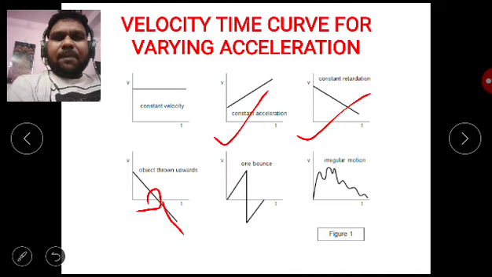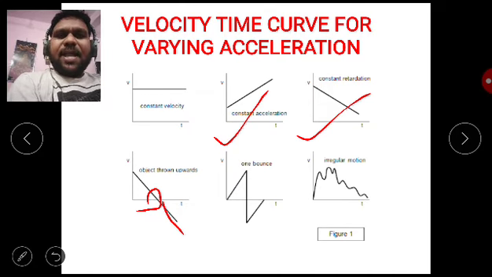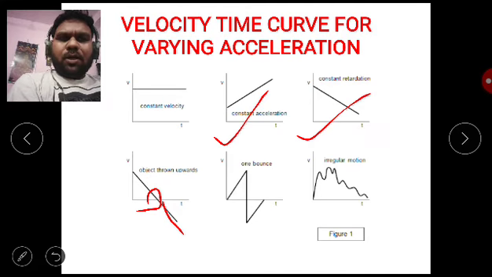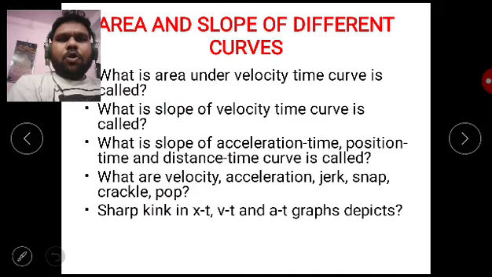So that means there is a change in direction, and we can see velocity is becoming negative. And this is the one bounce case, when a ball is thrown downwards and it is bouncing, and this is the case of irregular motion. So now we will study some more concepts on the basis of different curves.